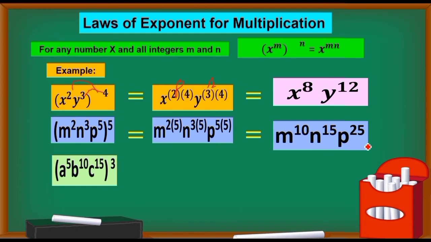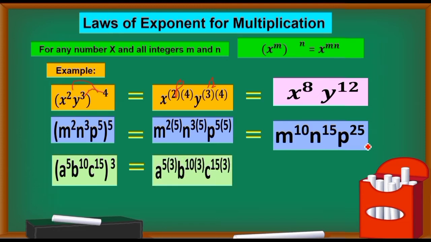So, let us have another example. Given ang a raised to 5, b raised to 10, and c raised to 15, quantity raised to 3. So, iti-distribute natin yung 3 kay 5, kay 10, at kay 15. So, magiging a raised to 5 times 3, b raised to 10 times 3, and c raised to 15 times 3.